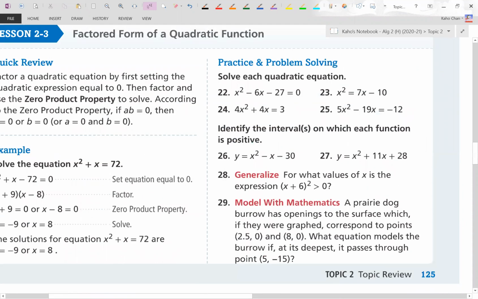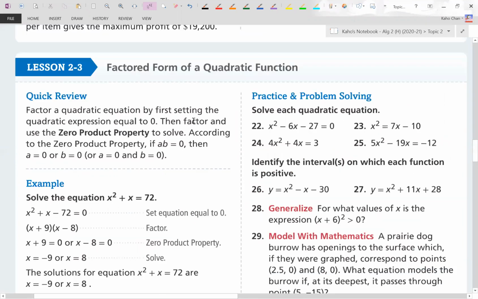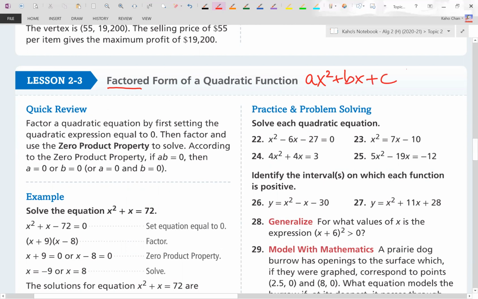The factored form of a quadratic function. Now, we're assuming you know how to factor quadratics, ax squared plus bx plus c. How you get there is the challenge.